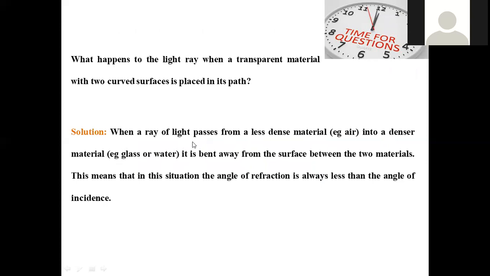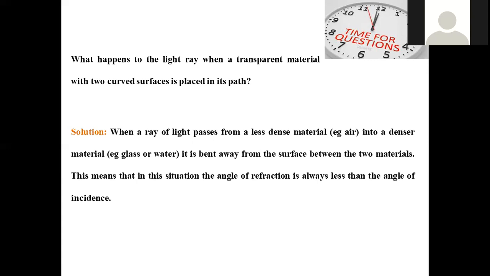We have to see. When a light ray passes from a less dense material, let us assume air, into a denser material, that may be either glass or water. Water is a liquid, glass is a solid, but when compared to air, both are denser. It always participates in bending, because from one phase to another phase, light will change its path by a certain angle.